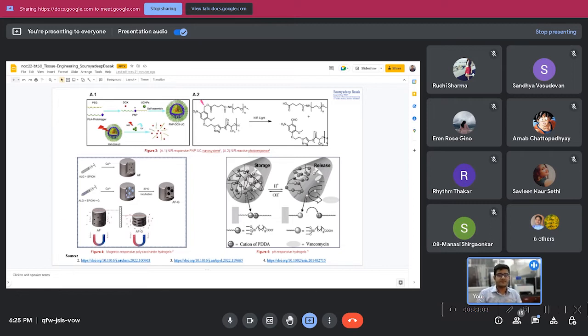Another mechanism is pH responsive. Here the pH of the media, the pH of the solvent or the solution, influences the payload delivery. Here, what happens? For example, here a silica storage backbone is used, like silica wafers, and vancomycin is used as a payload.